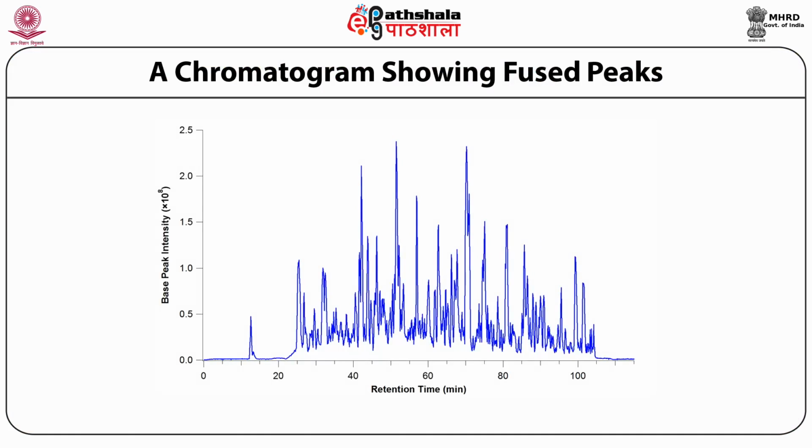This figure shows a chromatogram in which many of the peaks appear to be fused, indicating incomplete separation of certain components of the mixture. Fused peaks lead to band broadening and are the result of inefficient separation. Column efficiency and band broadening are directly affected by N and HETP.